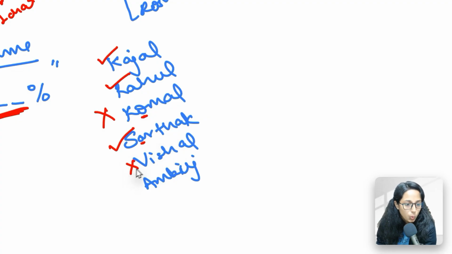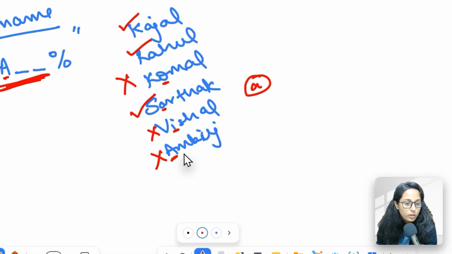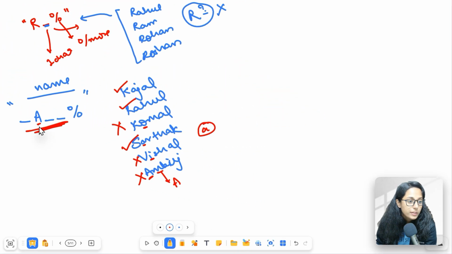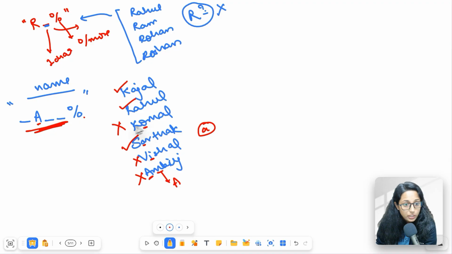Vishal, no, because we have I here, but the need is of A. What about Ambuj? It is also incorrect because our first character is A and here we want the second character as A. So this won't satisfy either. I hope this underscore and percentage symbol is clear for you as of now because we are going to use this a lot in our SQL queries going forward.